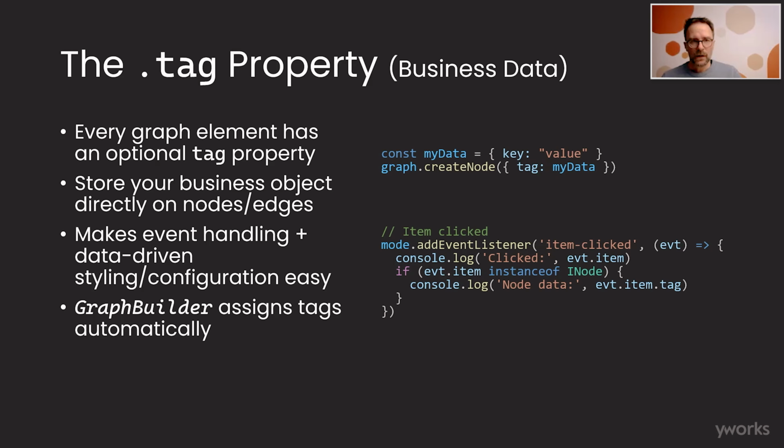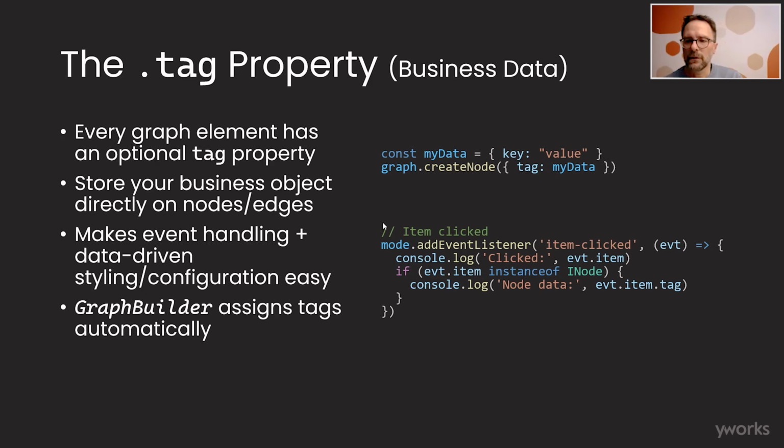Why is that useful? Anywhere in the API where you get a reference to one of these elements, you can go to that tag and directly get the associated object with it. For example, in this case, we are creating a node and telling it that the tag is this piece of data, which is pretty boring in this case. But this means that after this, if you take a look at the node, the tag property has this data associated with it.